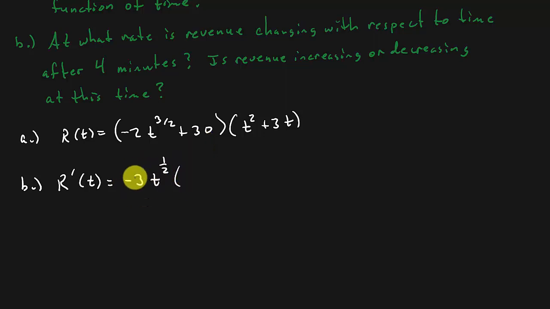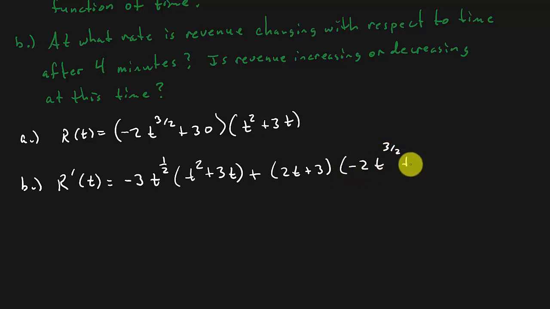So this is the derivative of your first function, times the second function, t squared plus 3t, plus the derivative of the second function, so that's 2t plus 3, times the first function, negative 2t to the 3 halves plus 30.